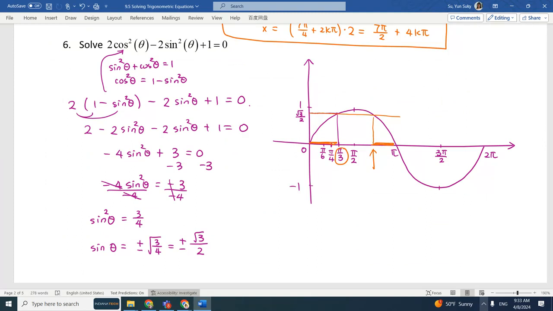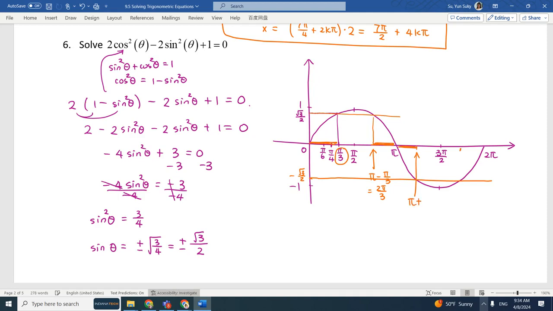Then this angle is pi minus pi over 3, which is 2 pi over 3. That's the positive. And the negative is kind of the same distance, but negative √3/2. And you draw the horizontal line, and then you see we get this angle and this angle.